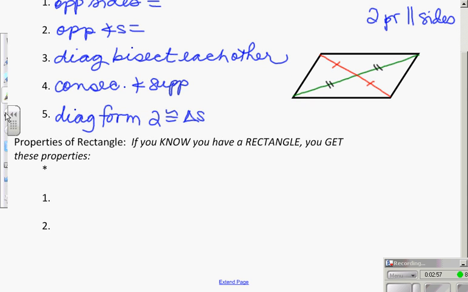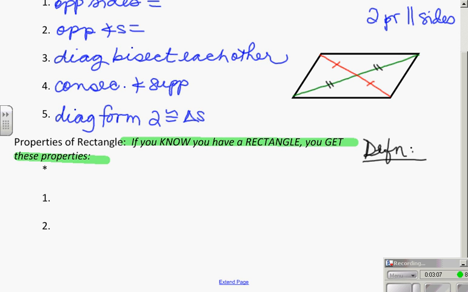Now, a rectangle, if I know I have a rectangle, I get additional properties. Now, what was the definition of a rectangle? The definition is a parallelogram, so I get those 2 pair parallel sides plus 4 right angles.